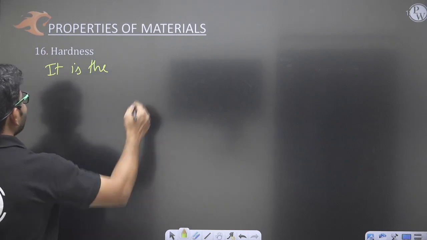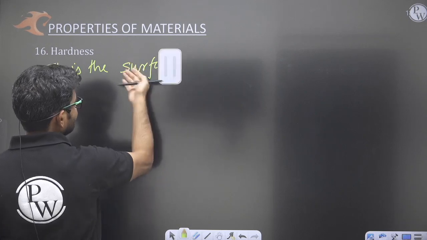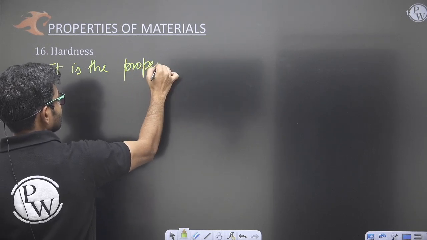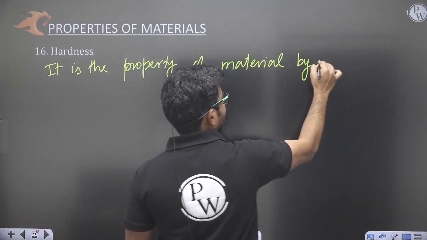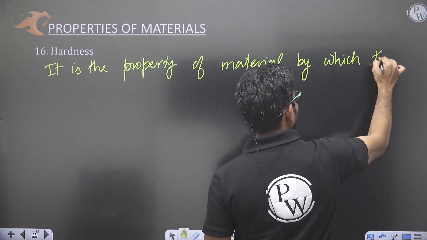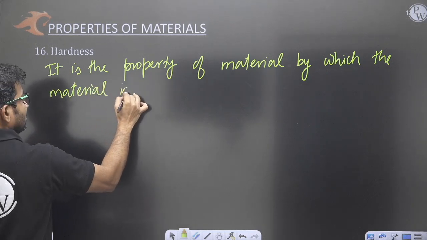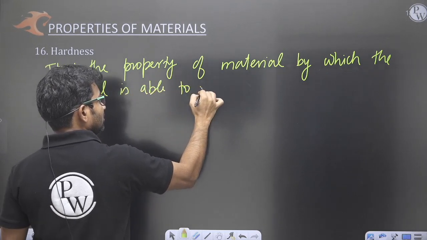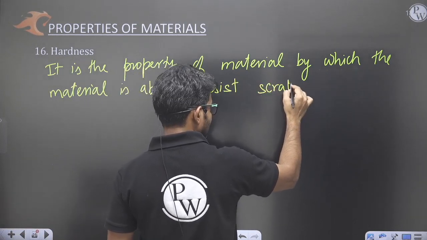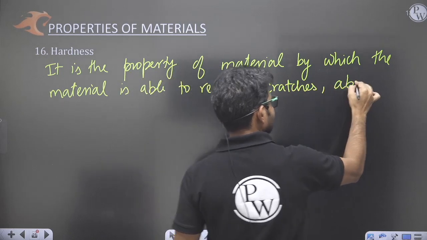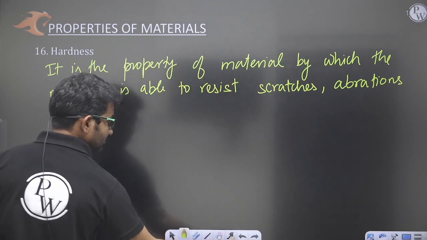So for material also, hardness is the surface property, the property of material by which the material is able to resist scratches, abrasions and indentations.